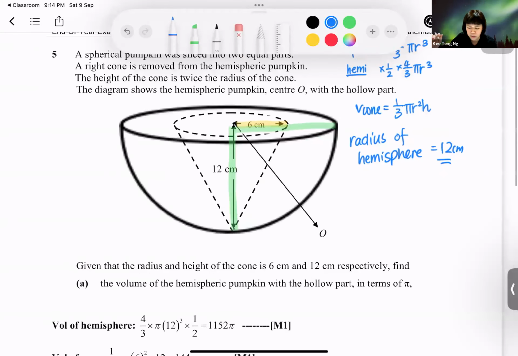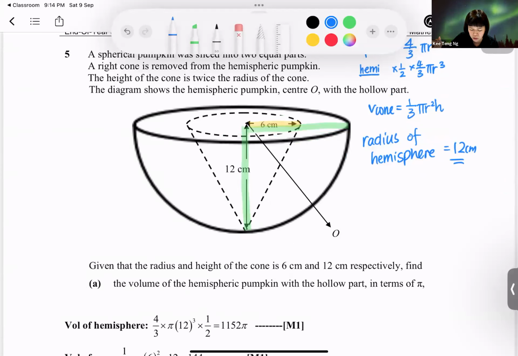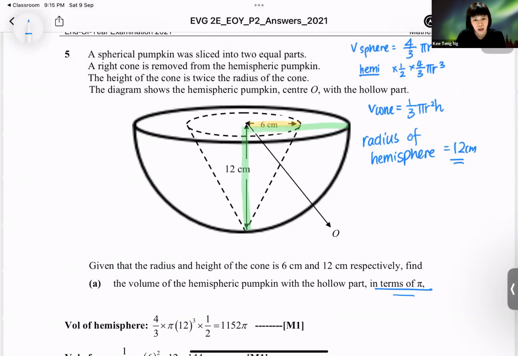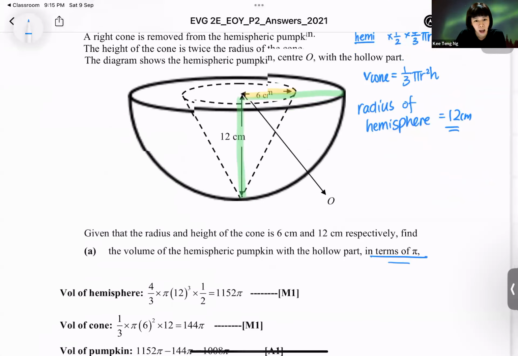Then, given that the radius and height of the cone are 6 and 12, find the volume of the hemispherical pumpkin with the hollow part. That means take the volume of the hemisphere minus the volume of the cone, but leave everything in terms of pi. First let's find the volume of the hemisphere: half times 4/3 pi r cubed.